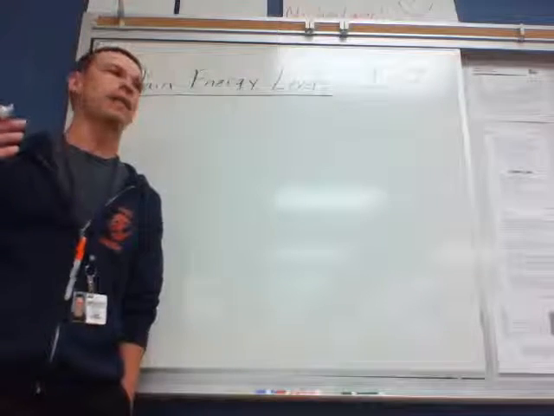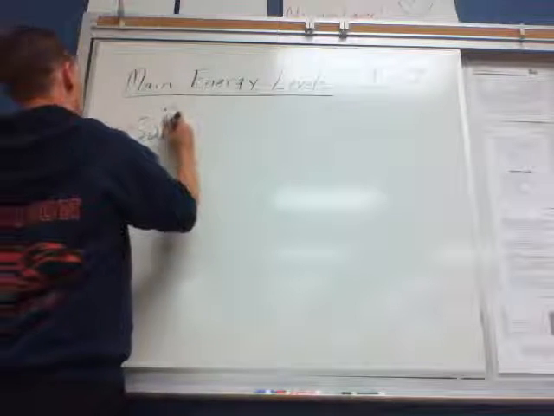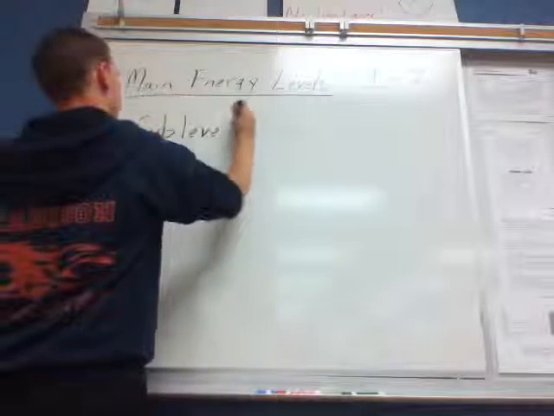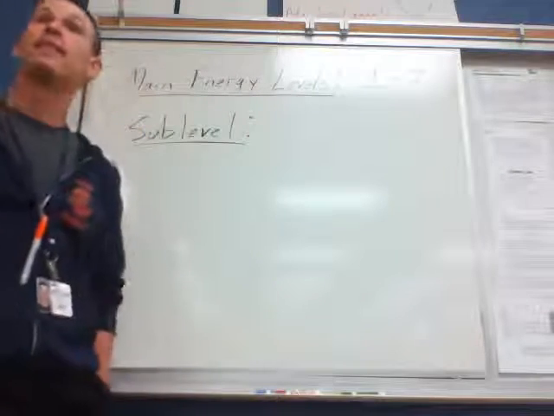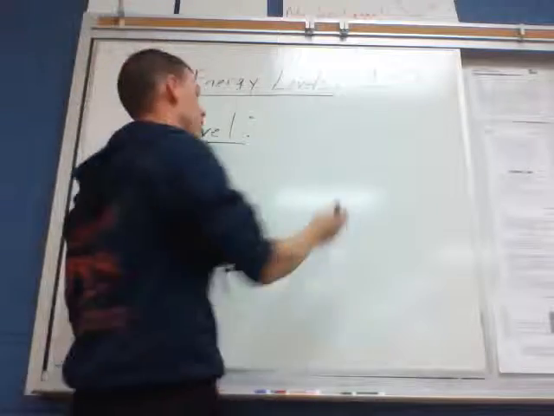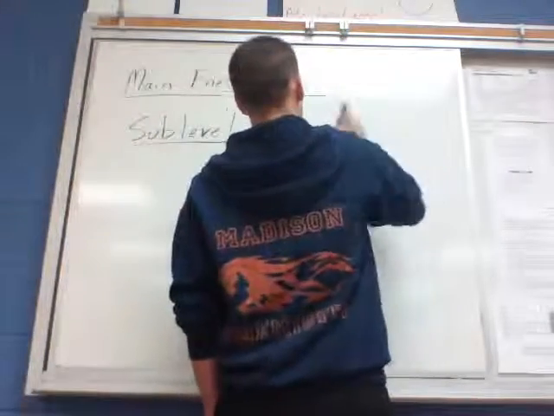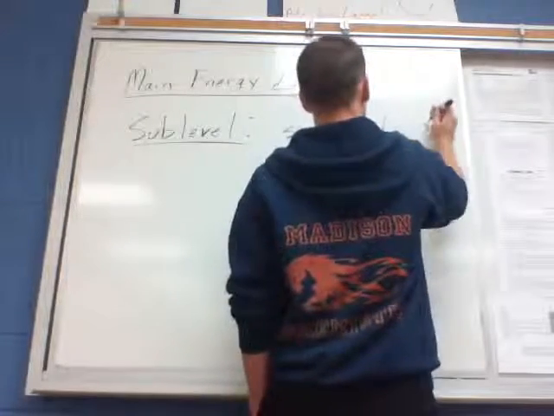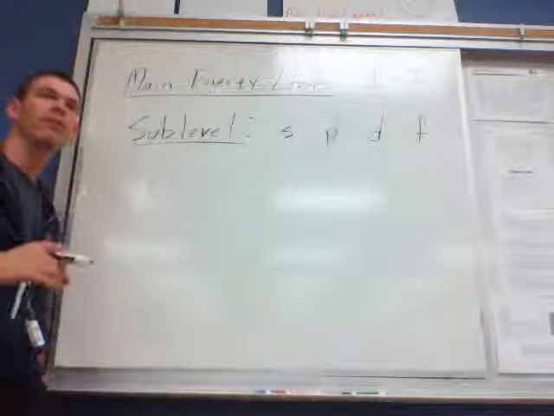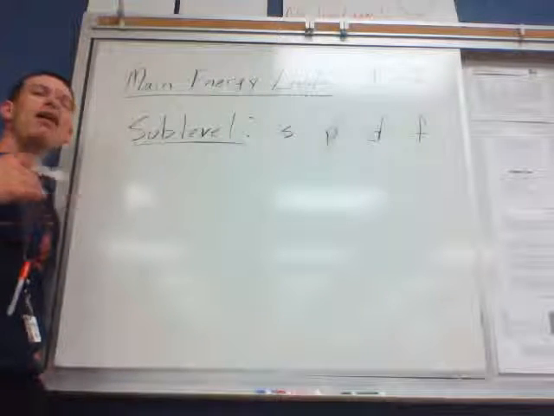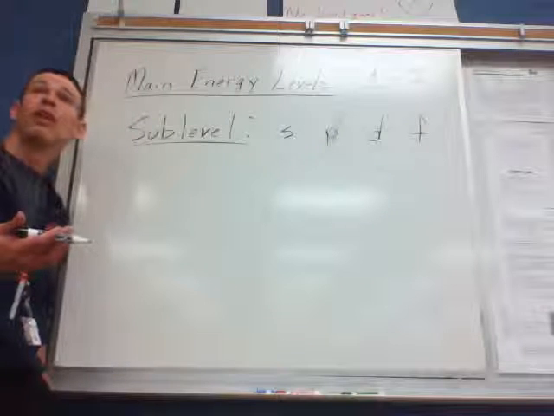Not only do we characterize an element by its main energy levels, we also characterize it by its sublevel. But sublevels are not represented by numbers. Instead, they'll be represented by letters: either S, P, D, or F. This already has implications for questions I can ask you.